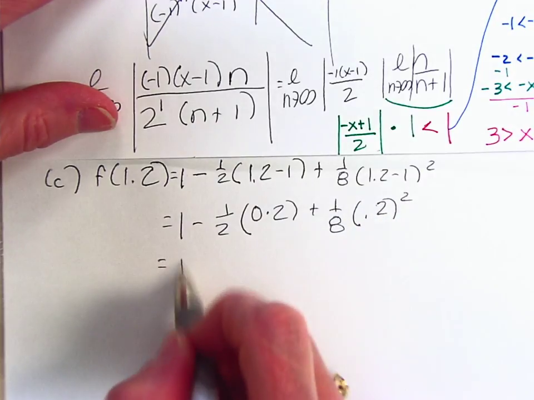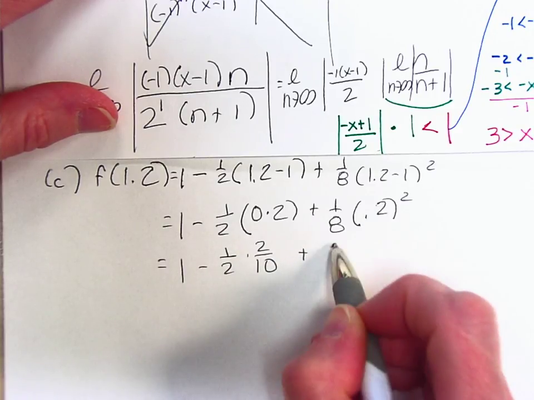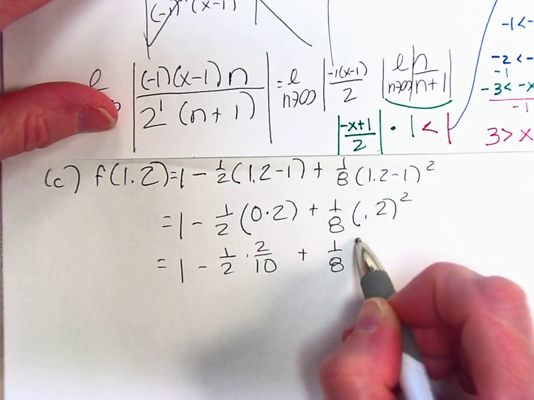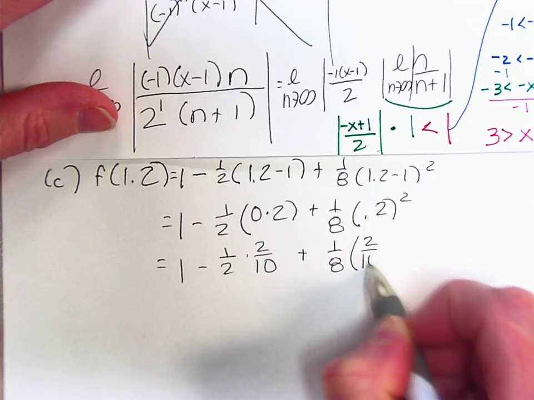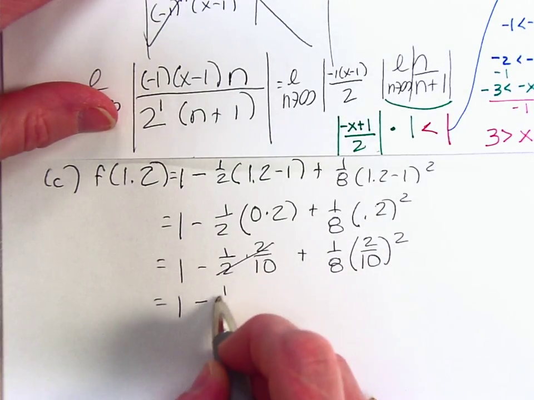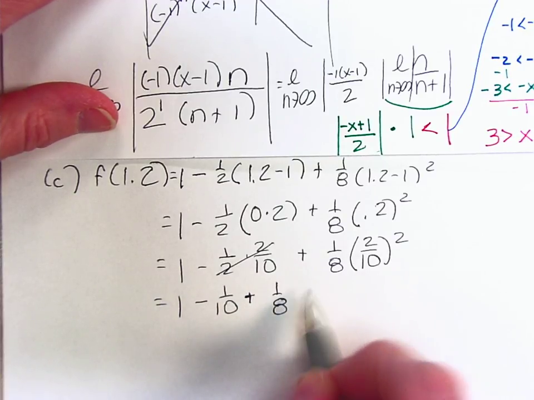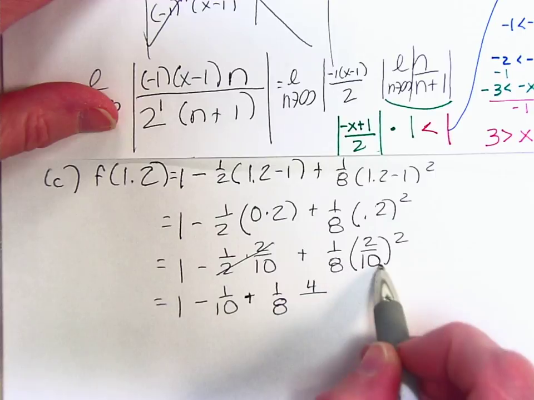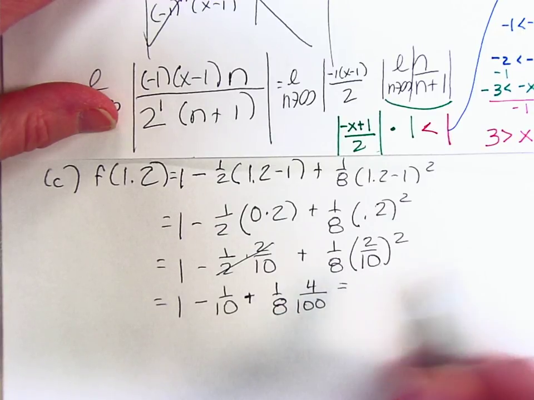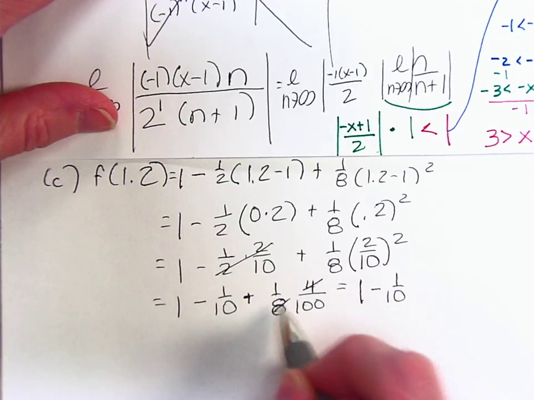Now my recommendation is to convert everything to just fractions, because I found that to be easier. So those two cancel, so I've got minus 1/10 plus 1/8 times 4 over 100, equals 1 minus 1 over 10. That goes into that twice.